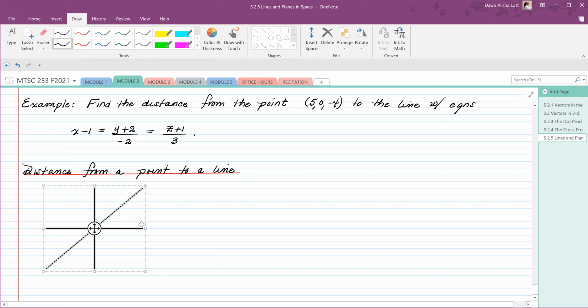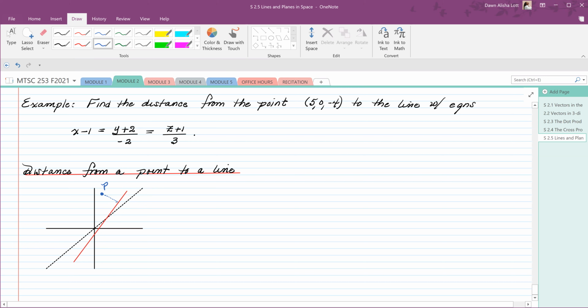I have a line in 3 space. That's my line in 3 space. And then here's my point. So the shortest distance is right there.